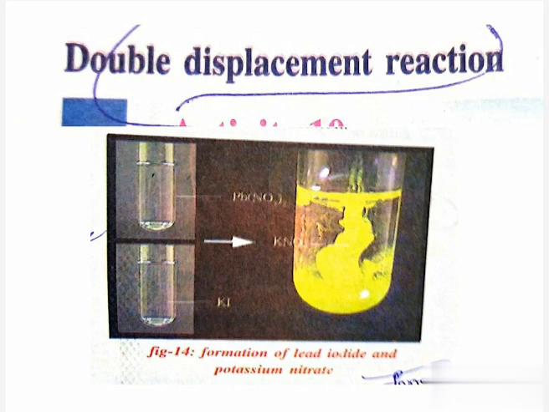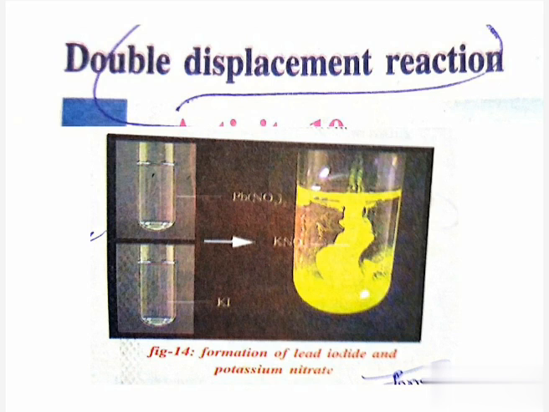Lead nitrate, Pb(NO3)2, plus potassium iodide. We took these two, and on combining they form lead iodide and KNO3, potassium nitrate. We mixed lead nitrate and potassium iodide and observed that a yellow colored substance insoluble in water was formed.